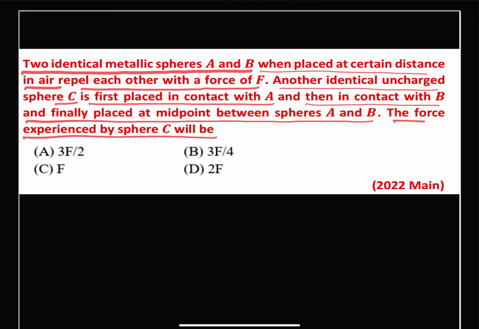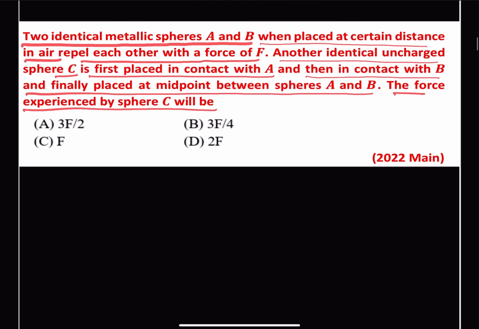So here we are given basically three spheres, A, B and C. Both A and B are charged, but C is initially uncharged. Then it is brought in contact with A and second with B. Then C is placed in between A and B, at the midpoint.